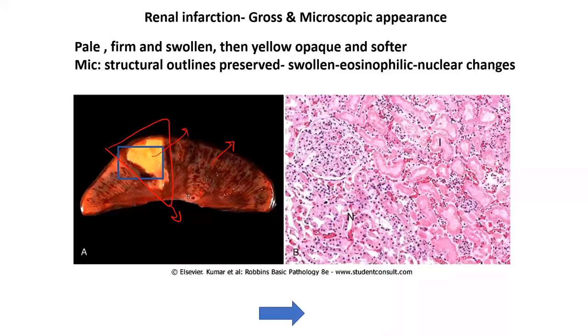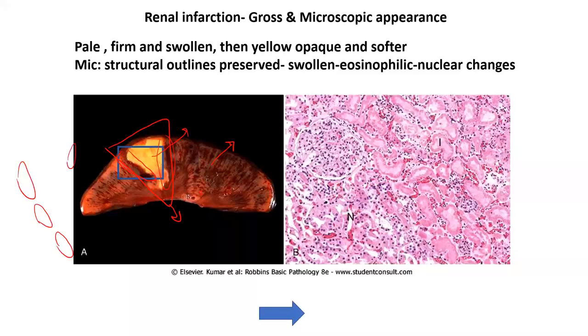So we have a pale, firm area that is triangular in shape, with the apex towards the hilum and the base towards the capsule. Later on it becomes opaque and becomes softer when inflammation occurs. So at first it is pale, firm and swollen and triangular in shape. Later on it will become softer and more yellow due to the inflammatory component.